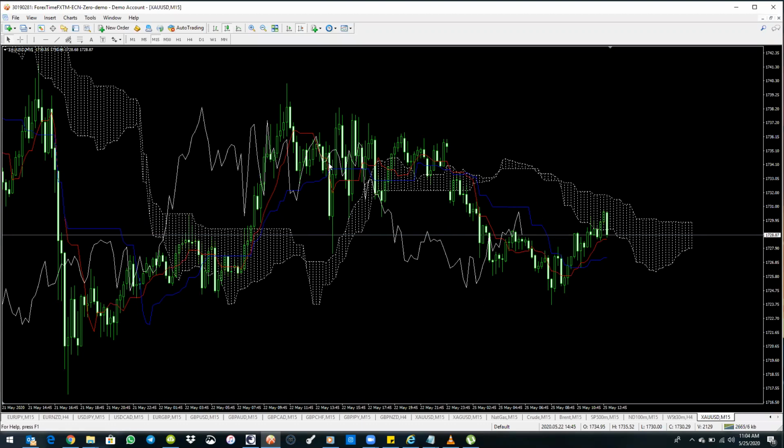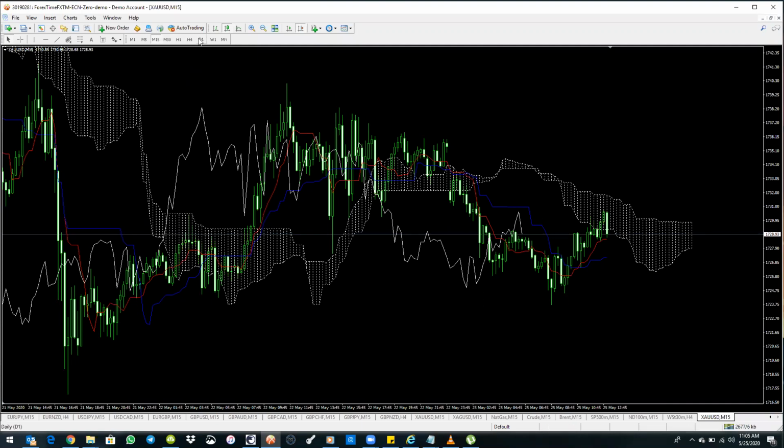It takes up a lot of space on the chart. It makes your chart look messy, and sometimes because of that, it might be difficult to follow. I also mentioned that when trading Ichimoku, you need to use at least 2 time frames.